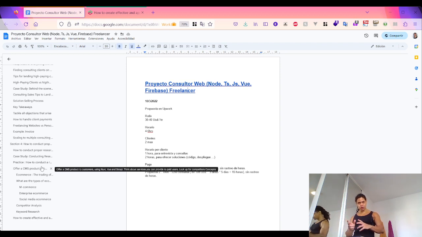Because now you can use all of those keywords in keyword research tools from Google, Amazon, or free keyword tools, to get a clear idea of what's going on in that industry.